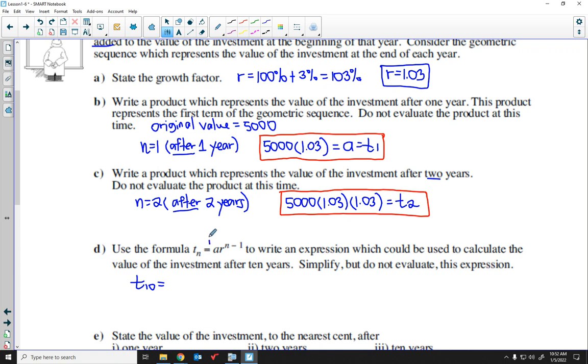So here, A would be equal to 5,000 times 1.03. So the value of A, I'm actually going to write this in red.